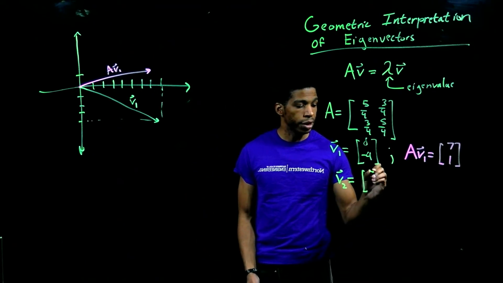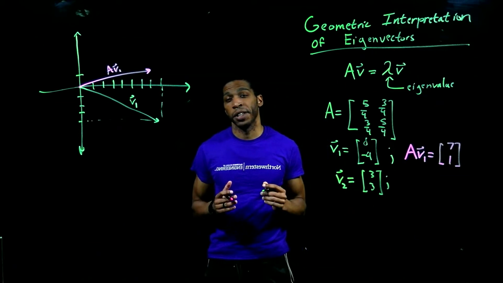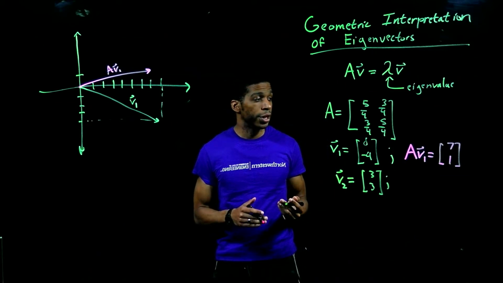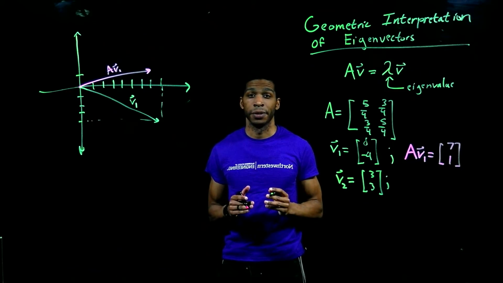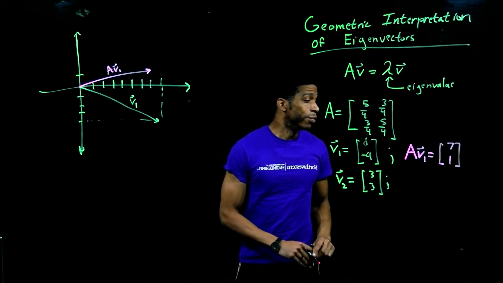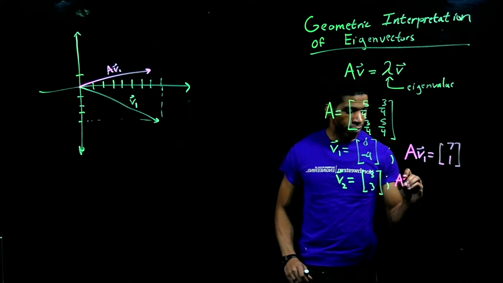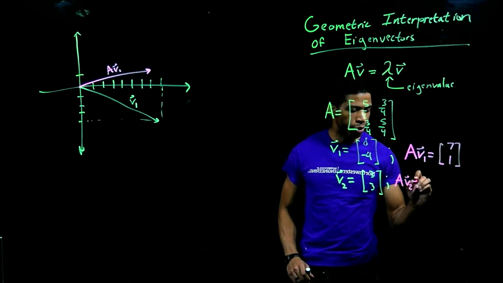Let's say it is 3, 3. Now I'm going to give you another chance to compute AV2 on your own time. Okay, so if you did it correctly, AV2 should have been 6, 6.